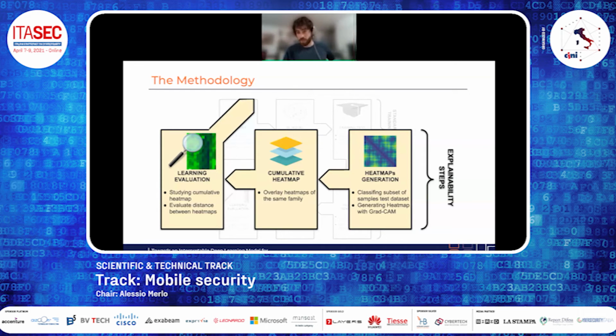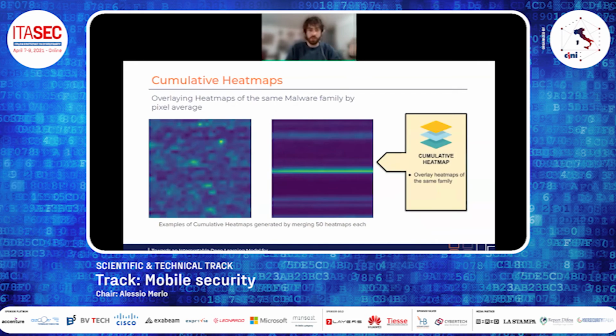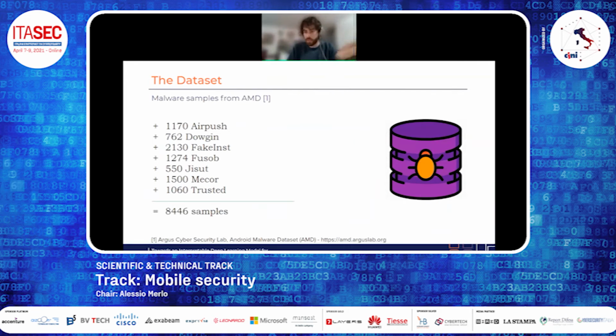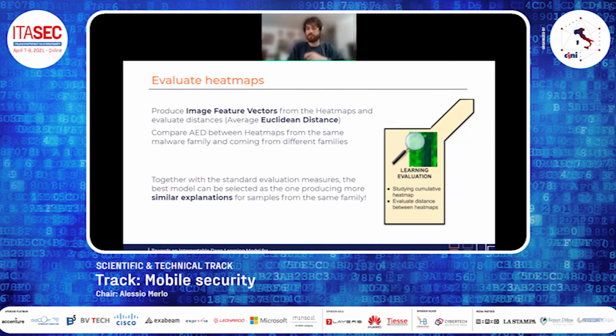We used a standard dataset, and it's not even such a big dataset, to be honest, and there are not even so many different families. It's just an example: we have 2-3 models that have similar accuracies, which one is the best? Our idea is that we need to take interpretability into account too, to see why a prediction has been made.